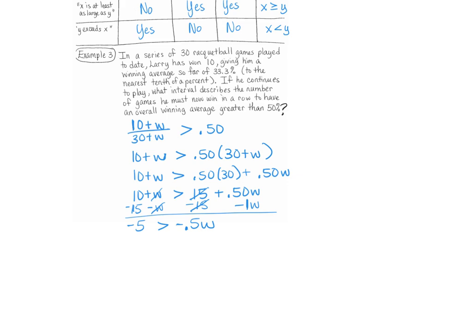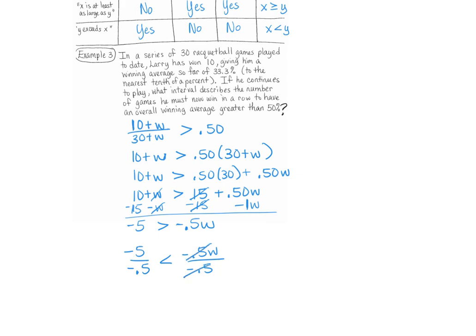Okay, now what does that mean? We have negative 5 is greater than negative 0.5 W. We want to get W by itself, so we want to divide by negative 0.5, but remember, if we're dividing by a negative, that sign flips. So this becomes negative 5 over negative 0.5 is less than negative 0.5 W over negative 0.5.